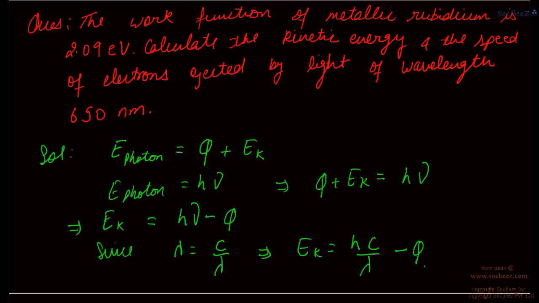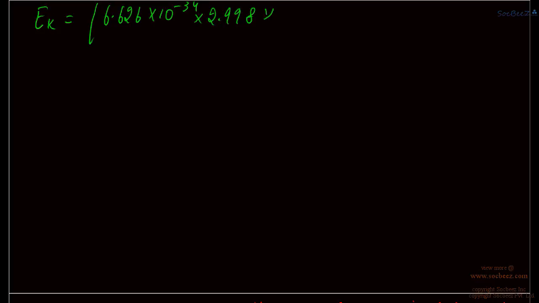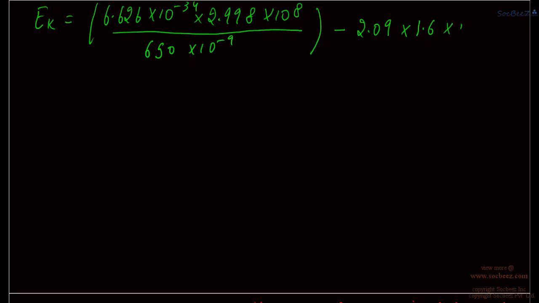So now we have got the value of lambda, we know the value of c, we know the value of h, we know the value of phi. Okay, so we can calculate the kinetic energy. If we put the value of lambda as 650 nanometer, the value of Ek is 6.626 into 10 raised to the power minus 34 into 2.998 into 10 raised to the power 8 divided by 650 into 10 raised to the power minus 9, minus 2.09 into 1.6 into 10 raised to the power minus 19.